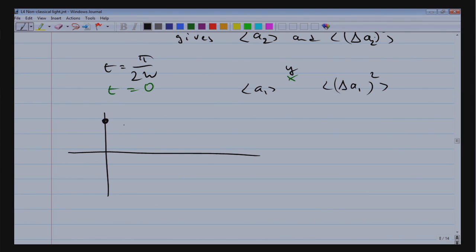However, classically, we can never have something which is just cosine omega t. The point has to be blurred into a circle.